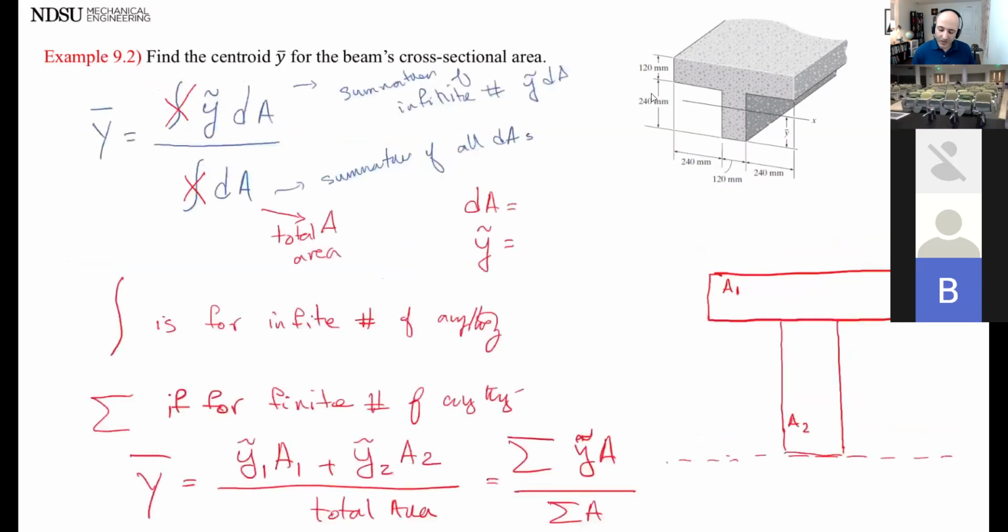In this equation, when I had the integral of y tilde dA, what is y tilde? It's the distance from the x-axis to the centroid of dA. So what is the difference between that and y bar?